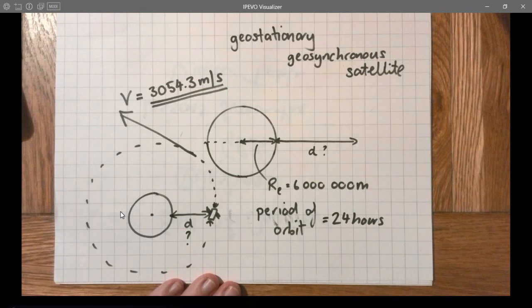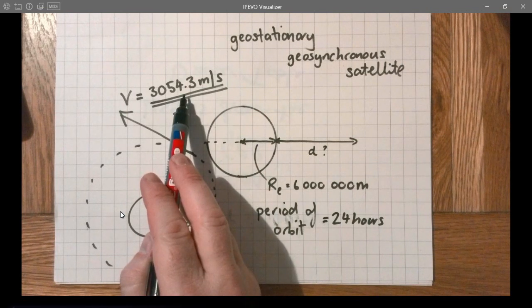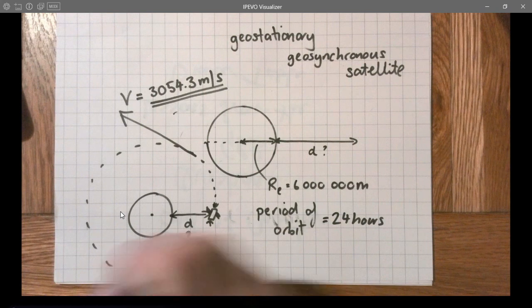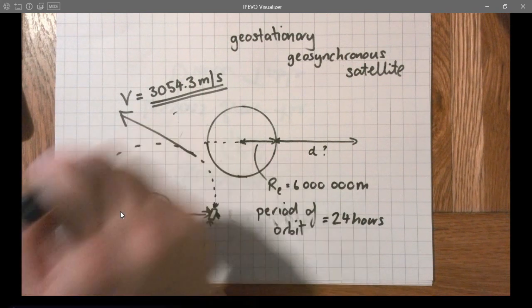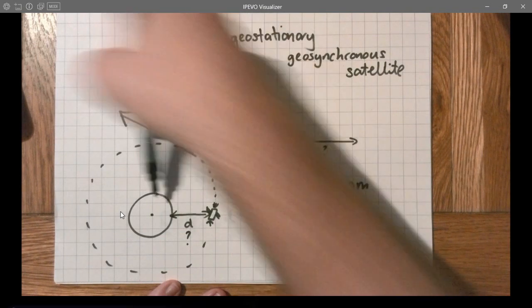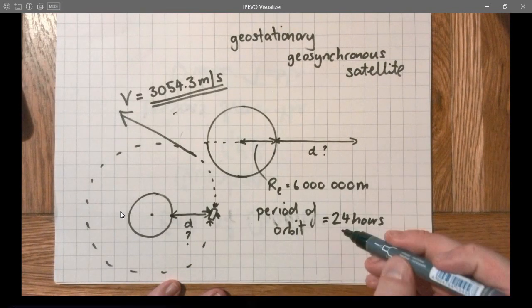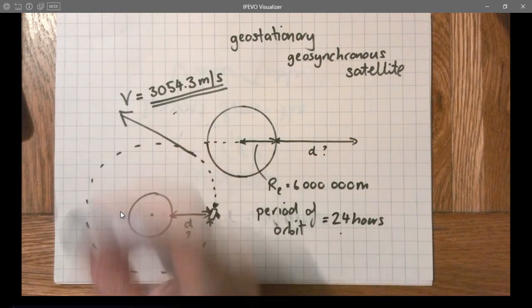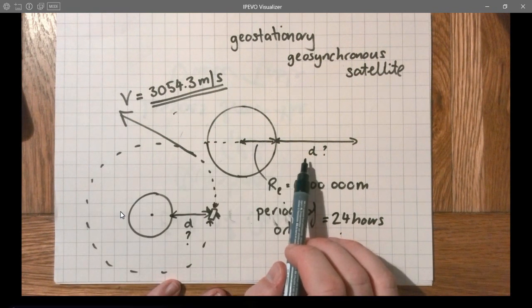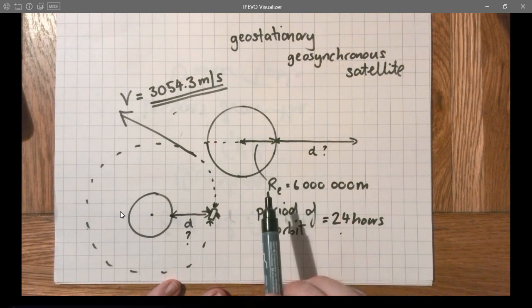So the question is, if that is the speed of the satellite as it goes round the Earth, and it takes 24 hours to go around because it's staying above the same position of the Earth, what altitude do you have to set it at to make it work?